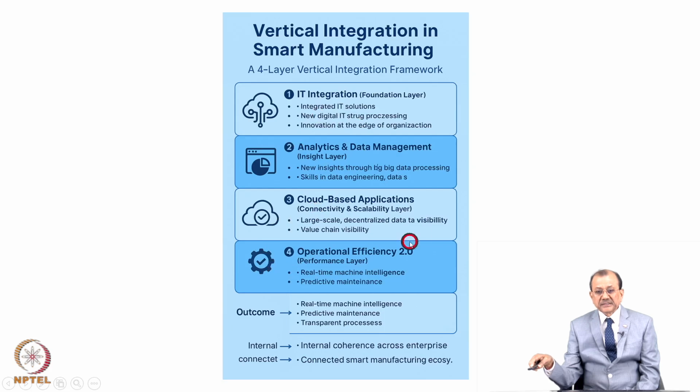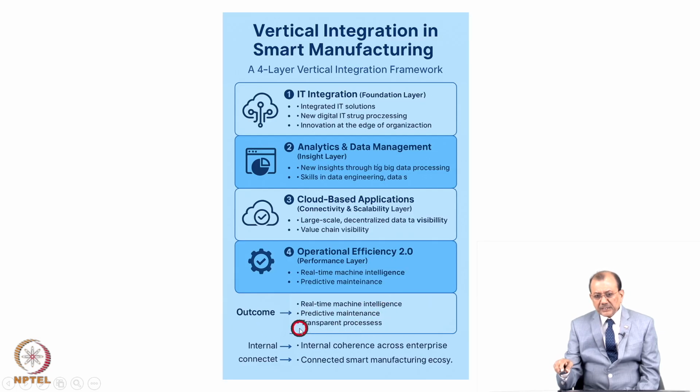Achieving operation efficiency is one of the key objectives of most smart manufacturing companies and plants. And the outcome of vertical integration, as I mentioned here, is real-time machine intelligence, predictive maintenance, and transparent processes.